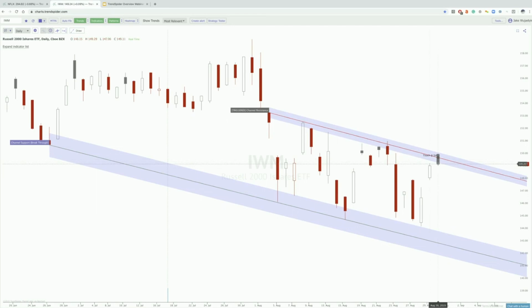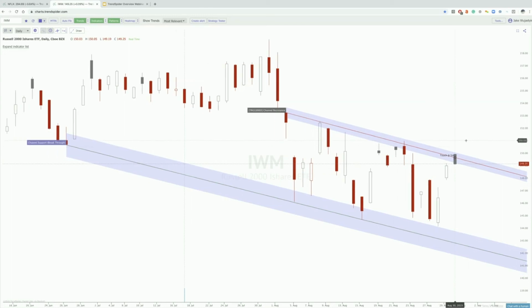So I didn't have to be alerted when the price actually touched this line. You can see how it says touch at 5 minutes. That means when the first 5-minute candle of today closed in this area, I got the alert. Right when we were on, I got a text message saying this tested this area, you may want to look at the chart.